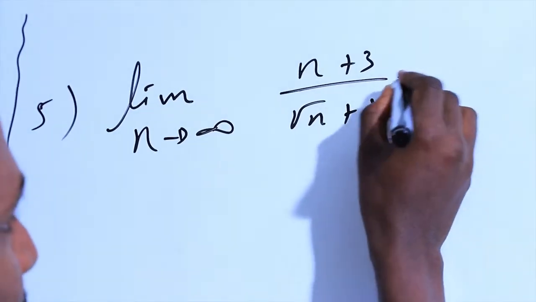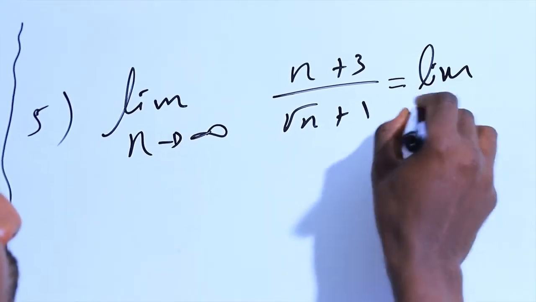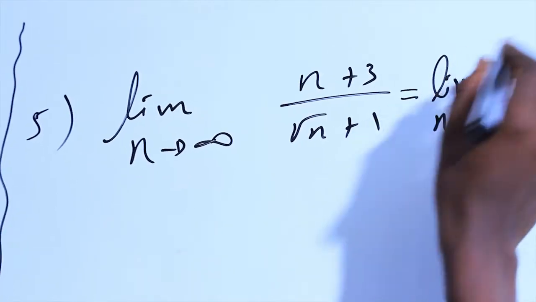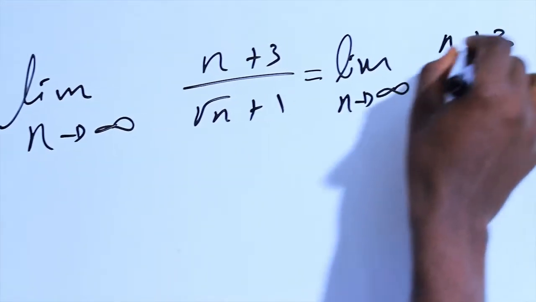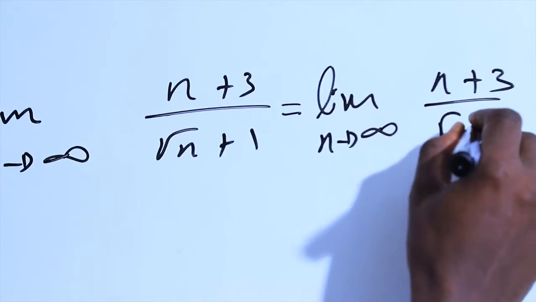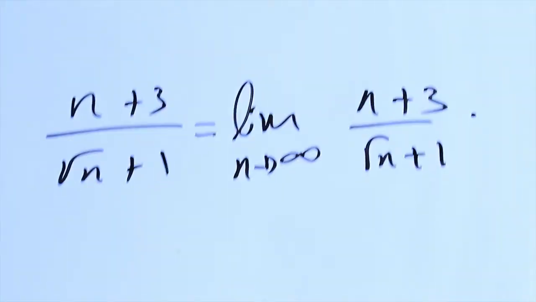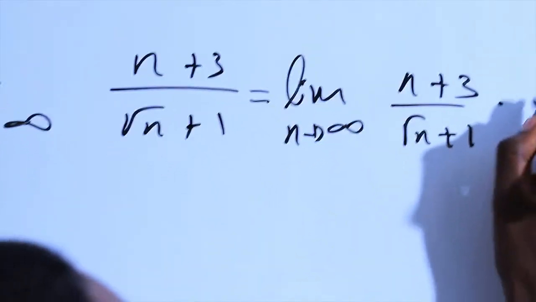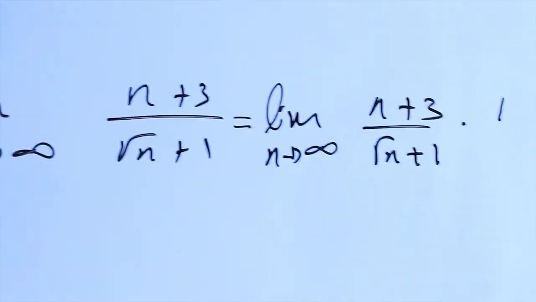So this is exactly equals to limit as n tends to infinity of n plus 3 over radical n plus 1 times some fixed number, that is the number 1.